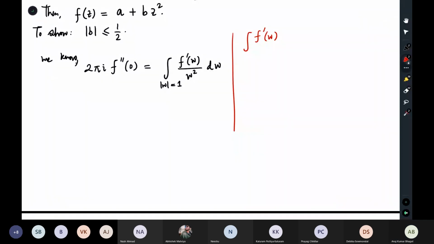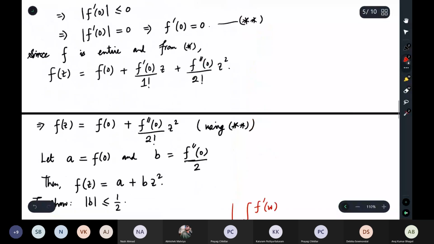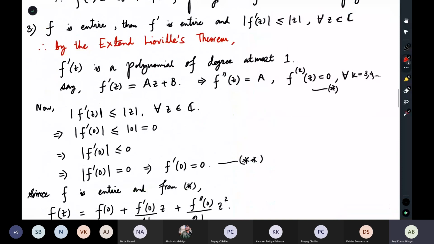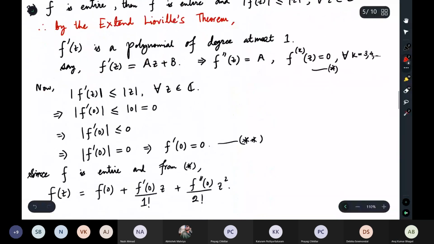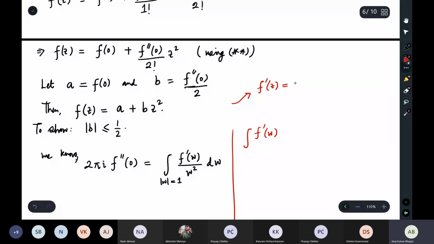Hello, sir. Sir, can we use our given condition for proving mod b is less than 1 by 2? Which condition? The condition that mod of f dash z is less than mod z. Yes. How will you use that? Please tell me. If we put fz equal to a plus b z square, then we can find out. Okay, you are saying that from here you'll find f prime z is nothing but 2bz, right?